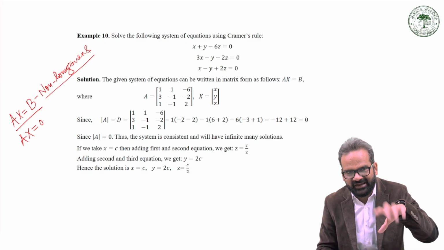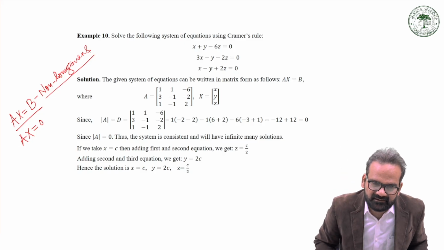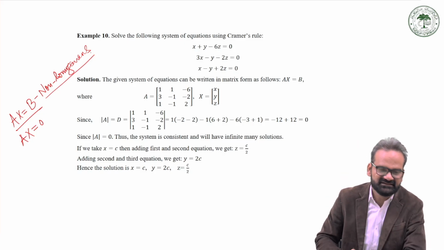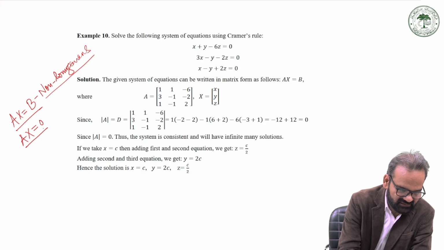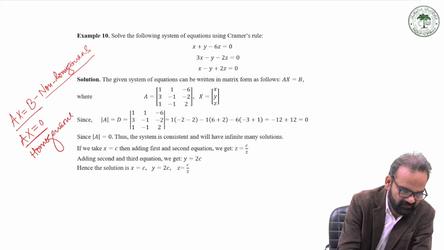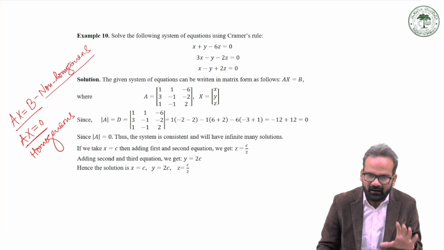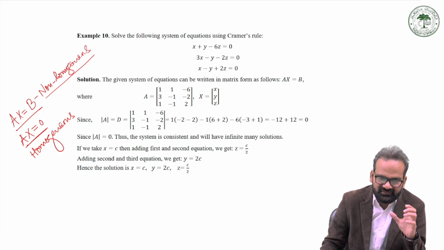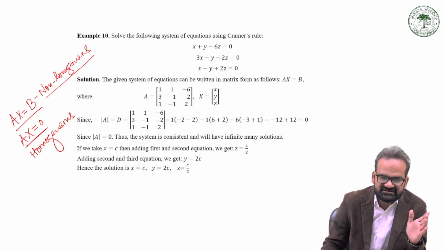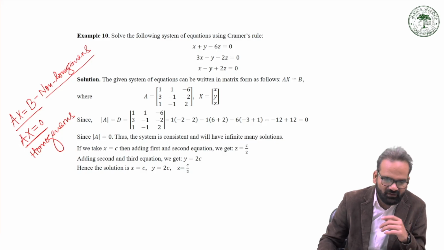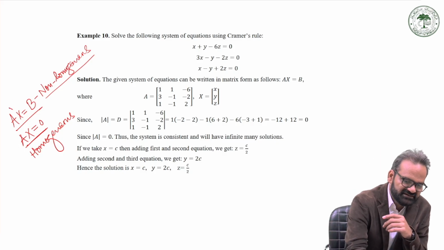And if the terms at the right hand side, B, are identically 0, then the system converts to Ax equals 0. Then this is called a homogeneous system of simultaneous linear equations. And all the questions which we have solved in the last few lectures are almost of non-homogeneous nature.